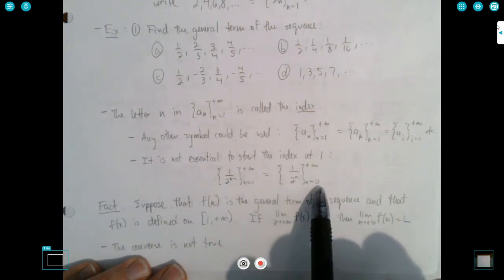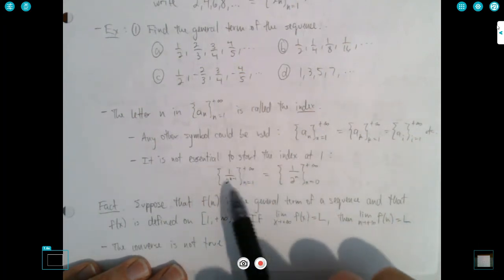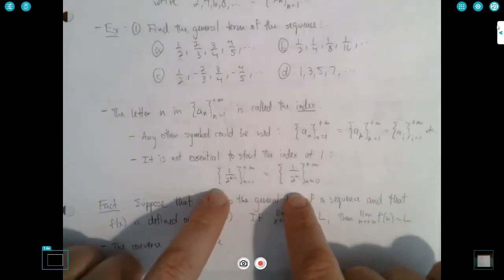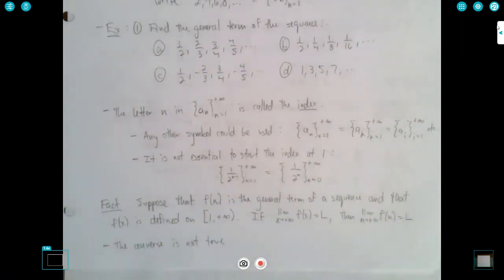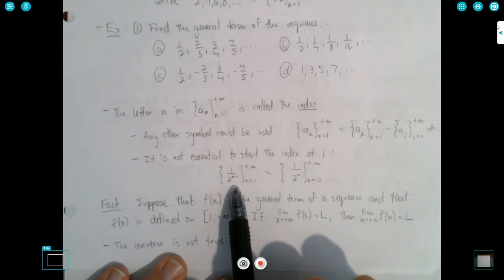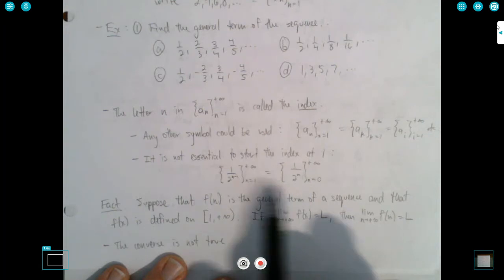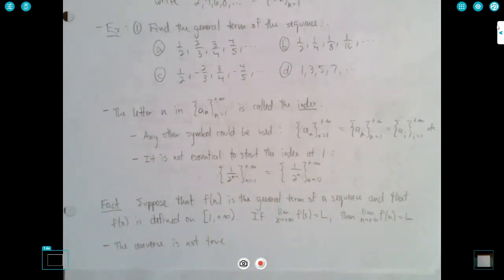Here, if you plug in 0, you're going to get the same thing, 1. If you plug in 2 over here, you're going to get 1/2. If you plug in 1 over here, you're going to get 1/2. So they're going to generate the same list. And again, you can convince yourself of that if you just write out the first 5 or 6 terms of this, and then write out the first 5 or 6 terms of that. You'll see that they generate the same sequence.